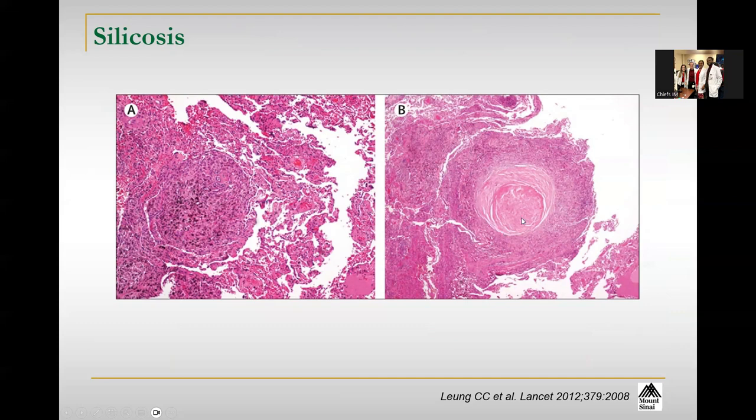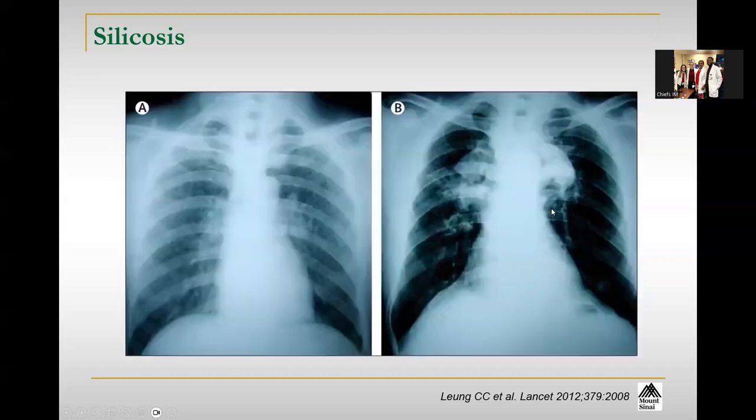These are onion-like layers of collagen with a cellular environment around it. But this is the intense type of reaction of the silicotic nodules. So early, you may not notice it, mostly some inflammatory cells, but they quickly develop into these very intensely fibrotic nodules.